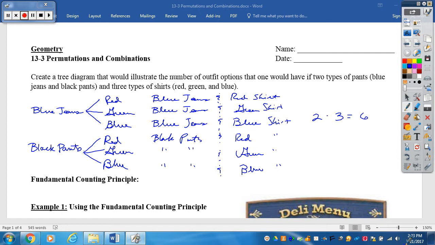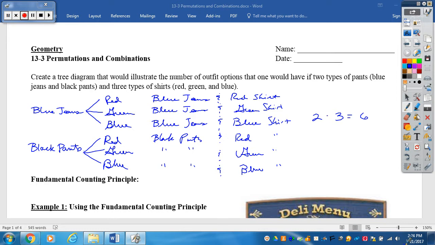Now I'll go ahead and read the fundamental counting principle off here. It might be a little technical to understand, but we'll see. If event M occurs in M ways, and event N occurs in N ways, then event M followed by event N can occur in M times N ways.